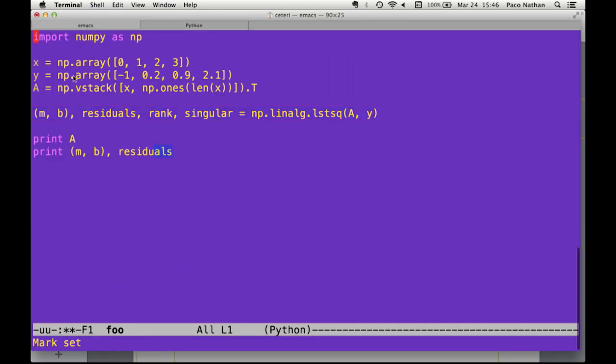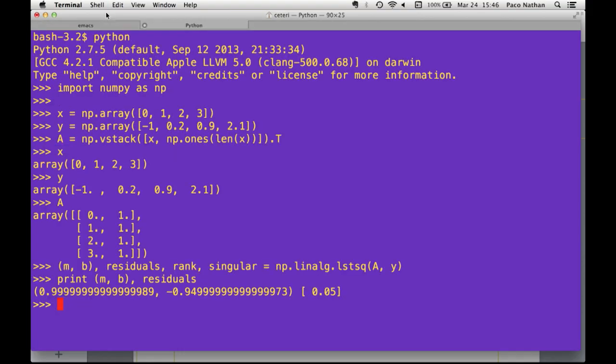Okay, and so if I print out, great. So I end up with m equals effectively 1, if you round that, and b equals effectively negative 0.95. The residuals that come out of this are 0.05. So I've got a pretty good approximation of a line.